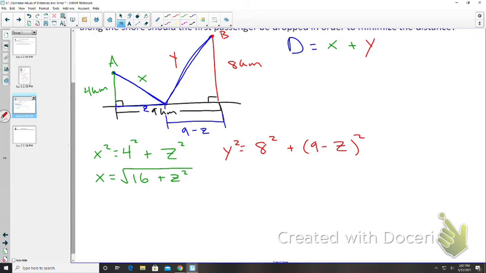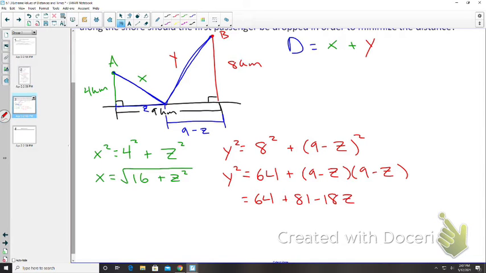Let's expand these. y squared is equal to 64 plus 9 minus z multiplied by 9 minus z, so 64 plus 81 minus 9z minus another 9z, so minus 18z plus z squared.